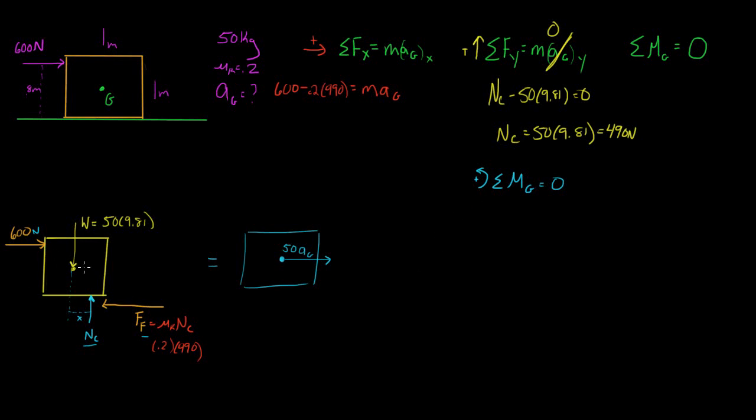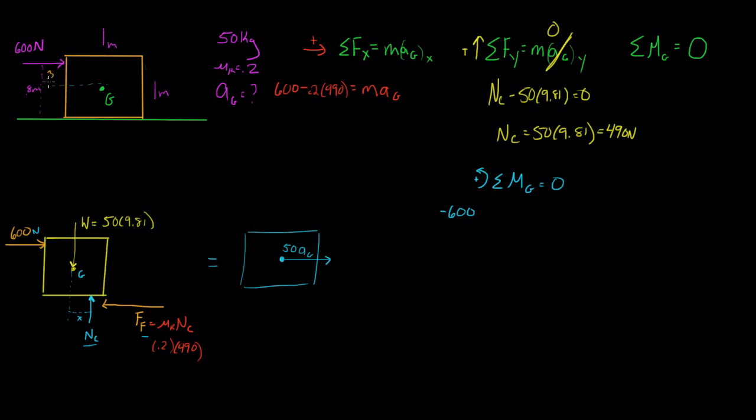But if we look at what the sum of the moments is about this point, 600 is going to go tail first, so we're going to have minus 600 times this perpendicular distance. This perpendicular distance is going to be 0.3, right?